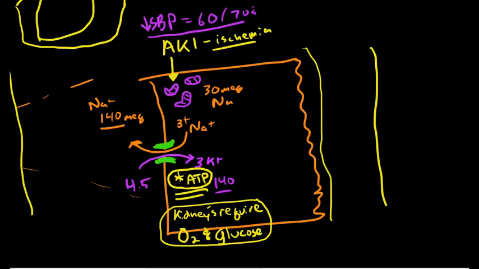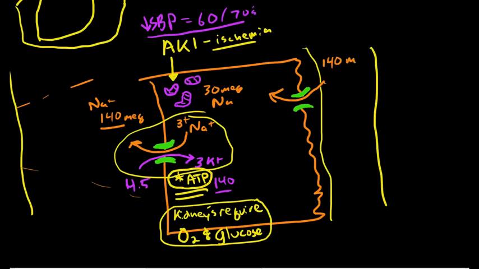So we have this active pump at the basilar surface of the cell. And at the apical surface of the cell, we have cotransporters. For instance, we have a sodium glucose cotransporter. What's this doing? Well, remember, the sodium out here is concentrated, just like it is in plasma, and the sodium in here is not concentrated.